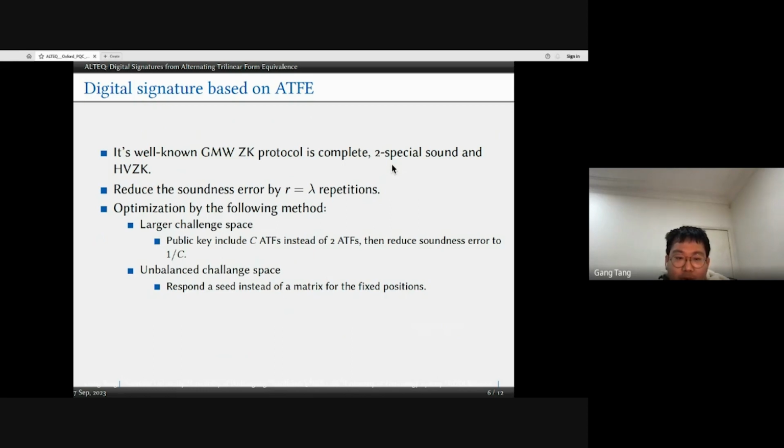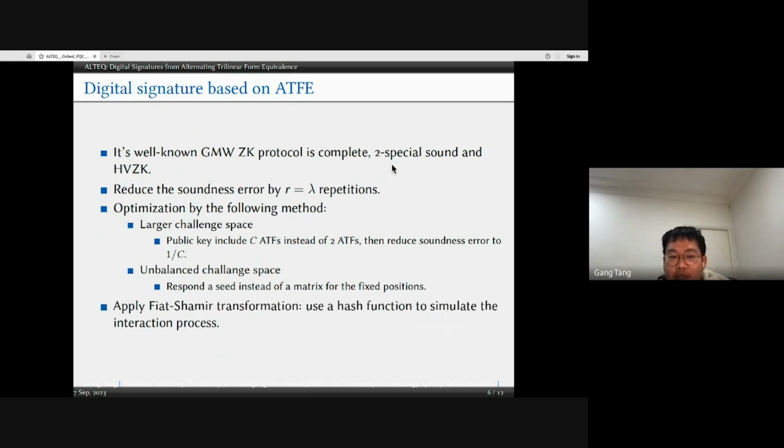The next one is the unbalanced challenge space, or fixed challenge space. With this method, we just need to respond with c invertible matrices for the fixed positions of the challenge. And then we can just apply the Fiat-Shamir transformation, turning the identification scheme into a digital signature.